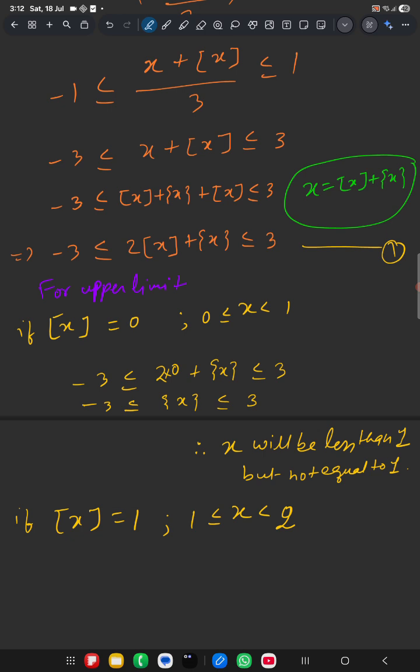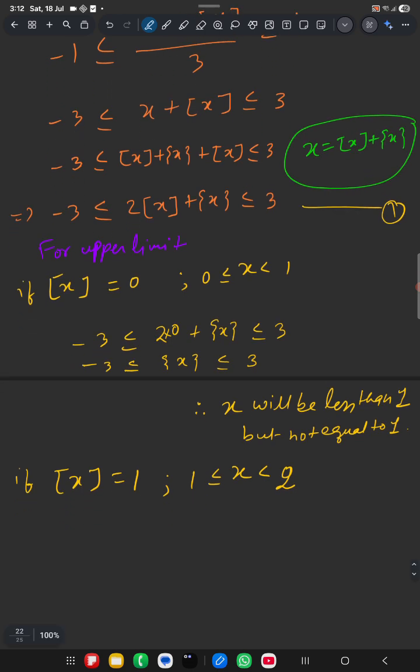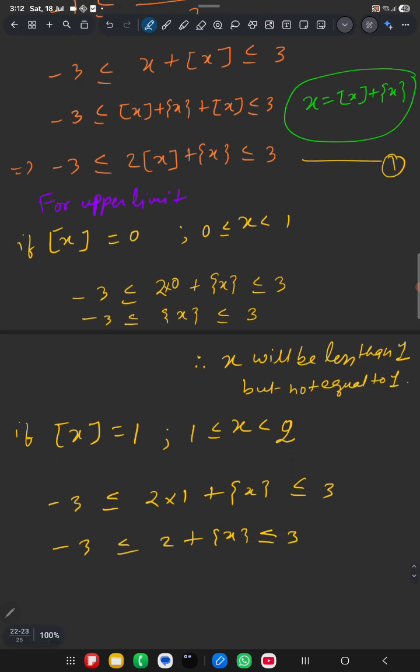So in this case, let us see what happens to equation 1. -3 is less than or equal to 2 into 1 plus the fractional part of x, less than or equal to 3. This gives -3 less than or equal to 2 plus the fractional part of x, less than or equal to 3.